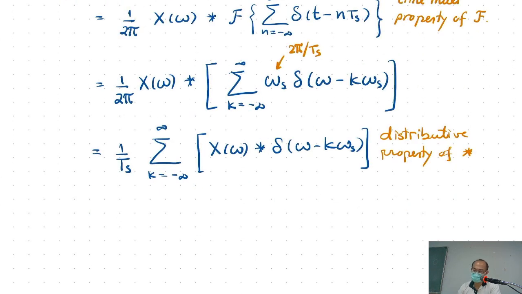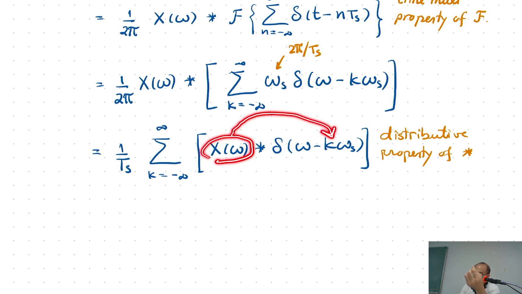Now, what do we know about this? If I have some function convolved with a delta, it means that I'm putting that function at this position. If this is zero, then the result would be X of omega itself. But we are putting delta at this frequency, so the result from the convolution would be the signal X slid to this frequency.